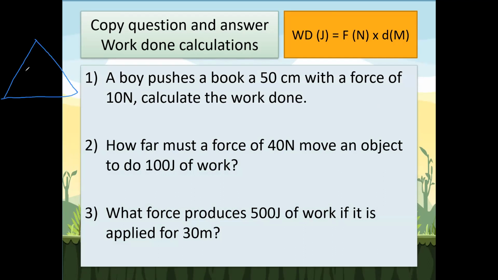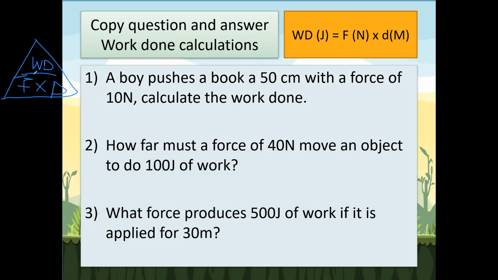Okay, so this is our formula triangle. Force times distance, and then work done is here. If you want to find the force, you cover this one.